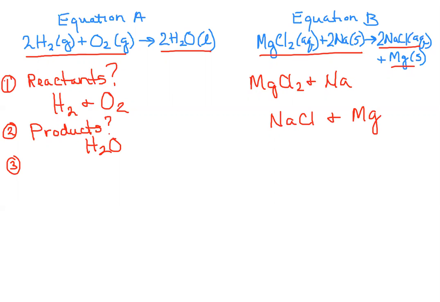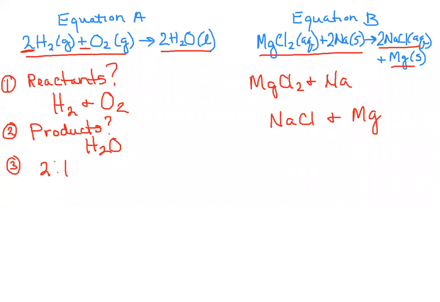Question 3. What do the coefficients tell you about the ratio of the reactants? In equation A, we've got a 2 coefficient and a 1 coefficient. If there's no number there, that means there's a 1 in front of it. So our ratio of coefficients is 2 to 1.